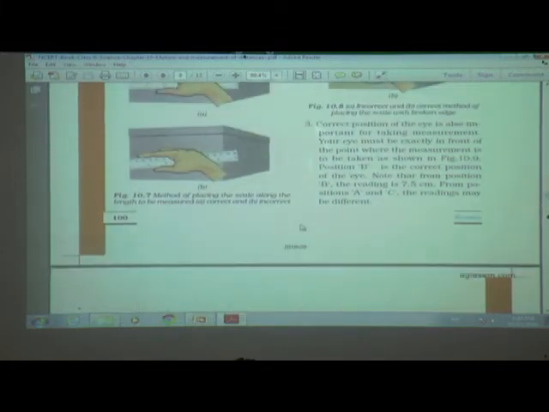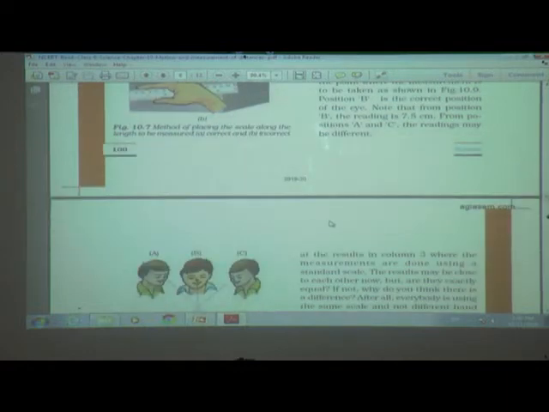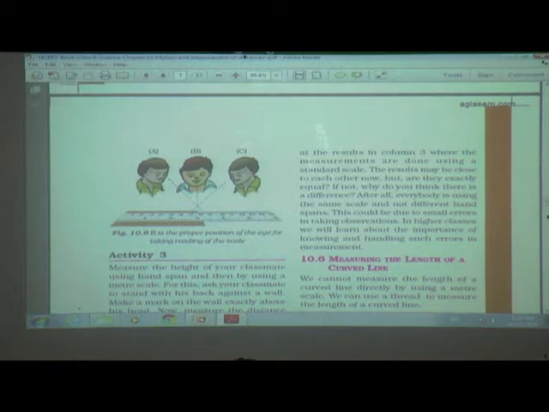Now, see here, position B is the correct position of the eye. From position B, the reading is 7.5 centimeter. From position A and C, the readings may be different. So position B is the correct position, and A and C are different, so the answer is also different.